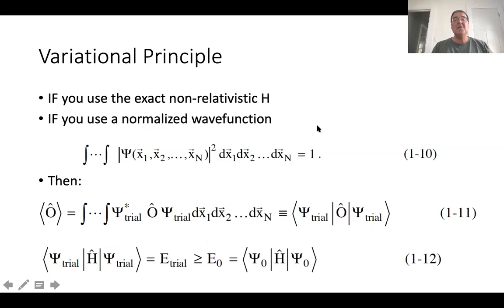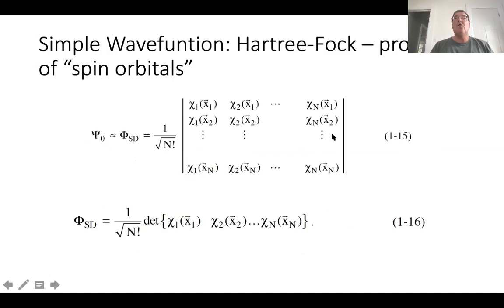And that becomes a prescription for how to optimize, to find the best wave function of a form that you are using. So you saw in your reading, or you will see in your reading, that the simplest kind of wave function that we might use is a so-called Hartree-Fock wave function. We write it as electrons in orbitals.